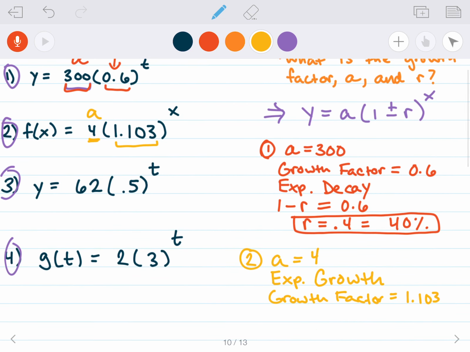And now we can find r. Since this is exponential growth, we're using the 1 plus r version. So we have 1 plus r equals 1.103. Solve for r.